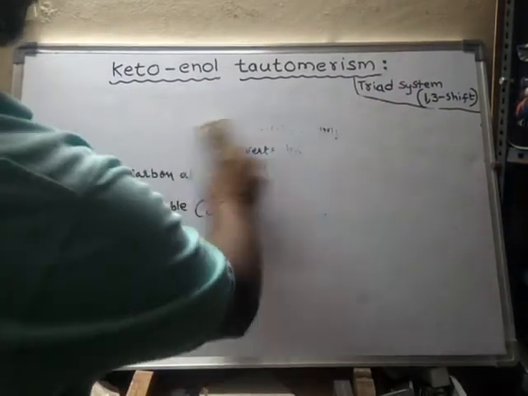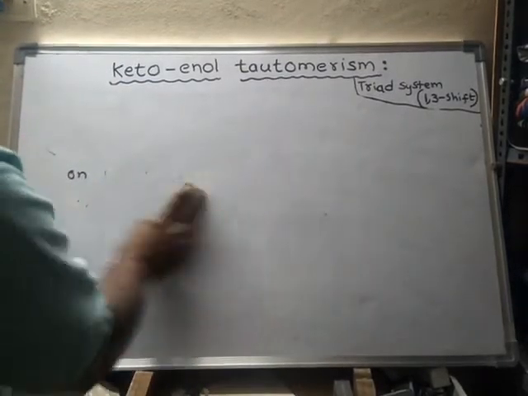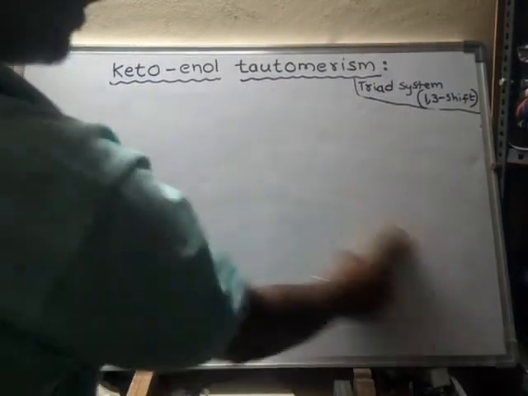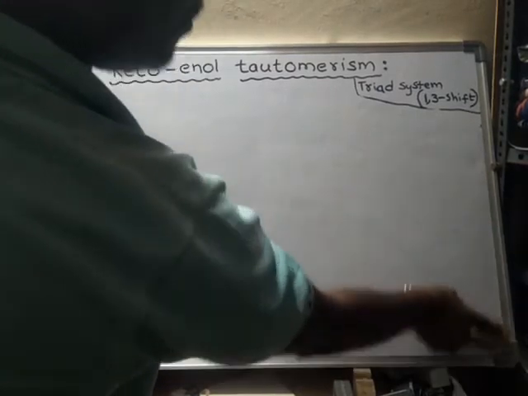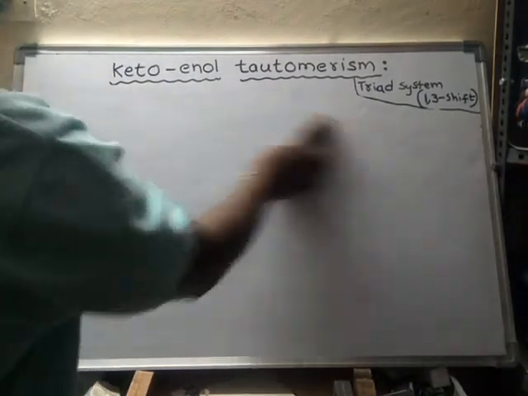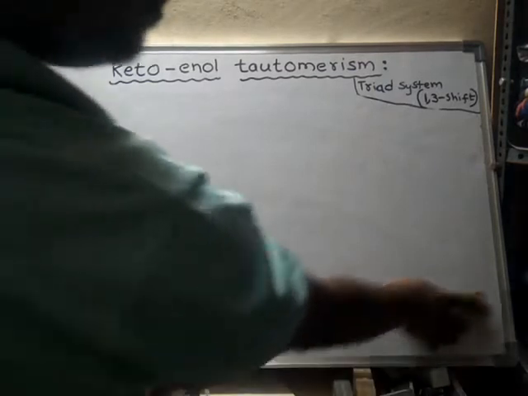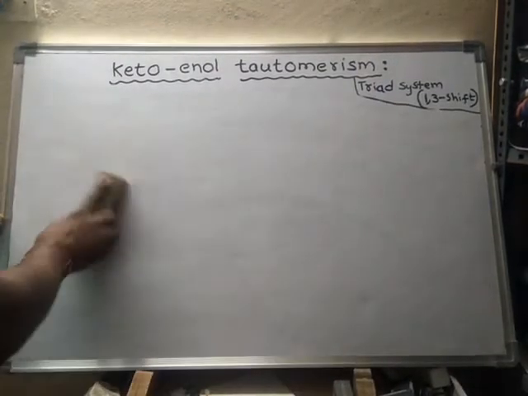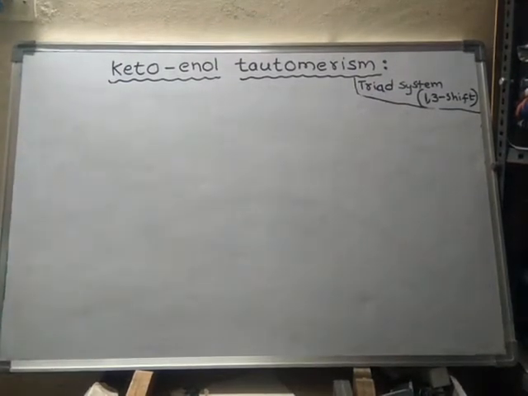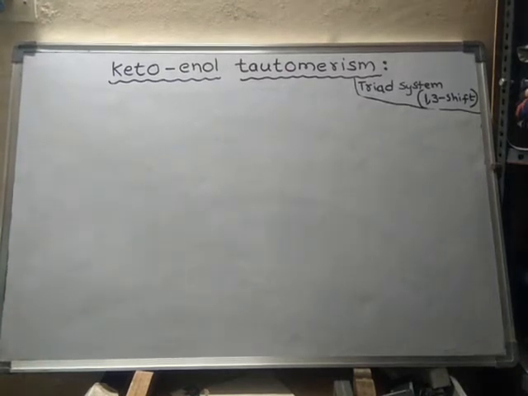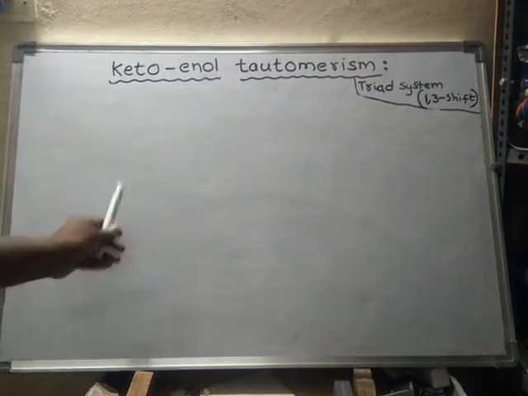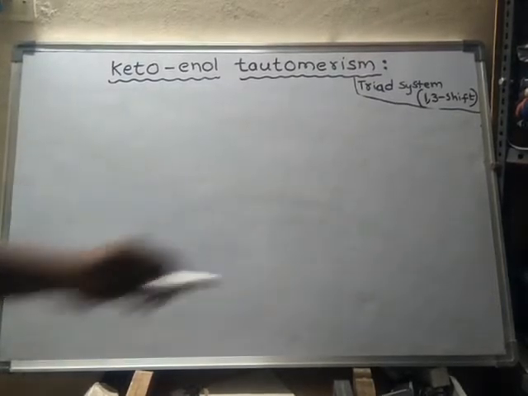Carbonyl compounds, when they have alpha hydrogen, become stable because that alpha hydrogen is lost in the form of acidic hydrogen. Hence carbonyl compounds show tautomerism, and finally they convert into the enol form.